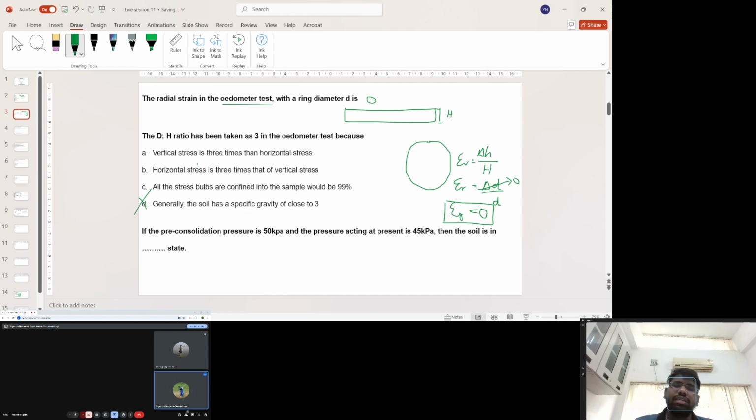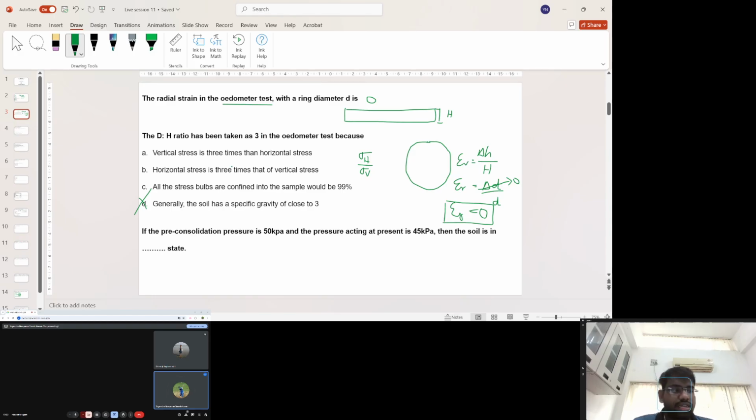Now, vertical stress is 3 times the horizontal stress. Horizontal stress depends on the ratio of sigma h to sigma v, and sigma h will always be less than sigma v. It does not essentially follow this ratio.